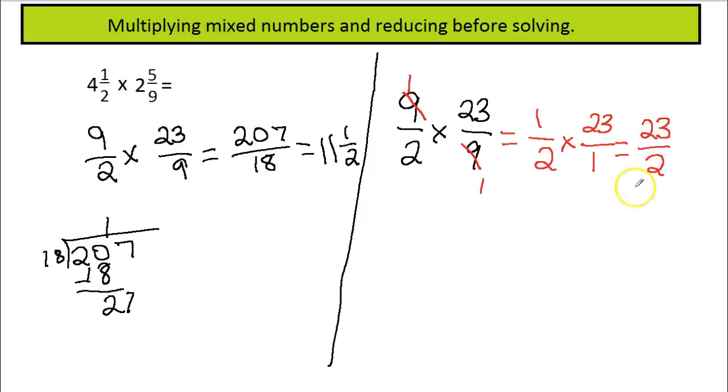So I get 23/2. Again, a lot easier of a problem to want to solve. And again, if you're rusty on your division, it's no problem going off to the side on your scrap paper and doing that work. 2 goes into 2 once, 2 goes into 3 once, and we've got 1 left over. And therefore, again, we get the 11.5 answer, but in a much easier way.